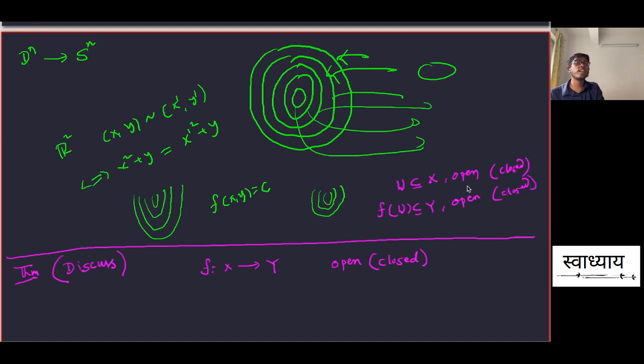Now you see that we saw that if X is compact, Y is Hausdorff, and f is a continuous bijection, then f is a closed map. That is precisely what we have proved.